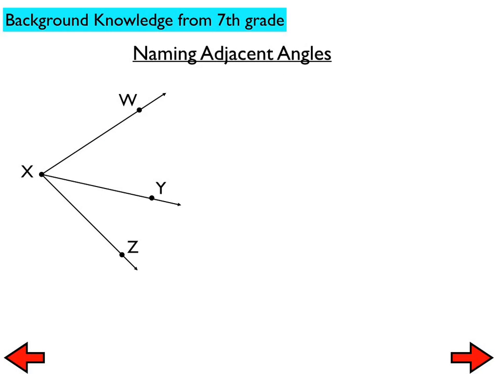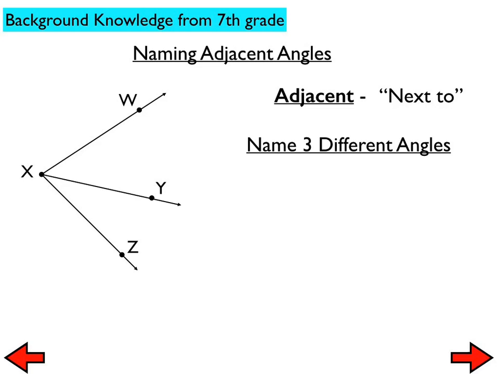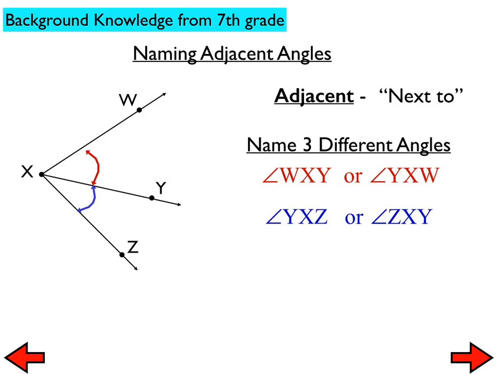Digging a little deeper into angles last year, we then moved to adjacent angles. Adjacent angles are angles that are next to each other. In that picture, we have angle WXY or angle YXW. We also have angle YXZ, or angle ZXY. And then we also have the big angle in that picture, which is angle WXZ.